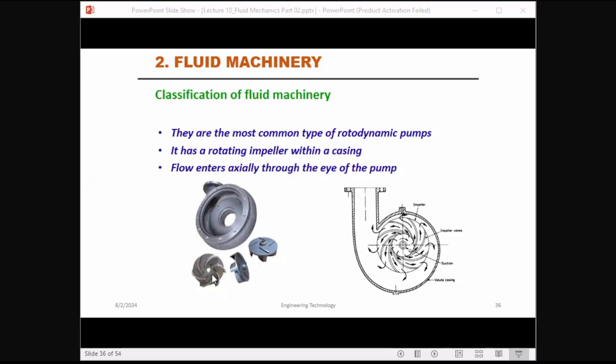Here you can see 1, 2, 3, 4, 5, 6 blades. We cannot see the other side of this impeller. This is the back side, this is the front side.